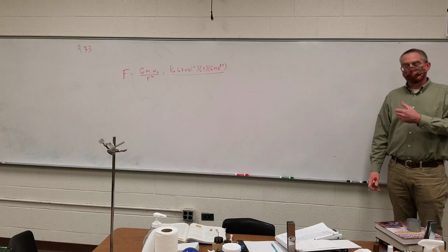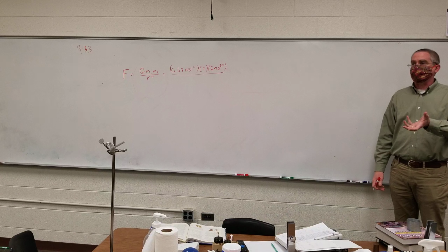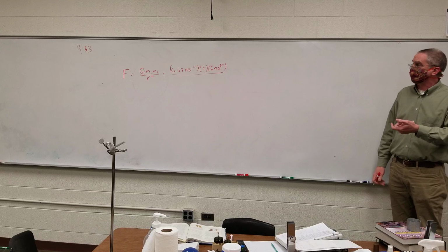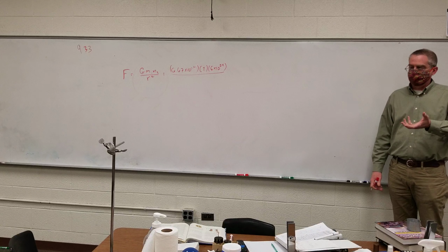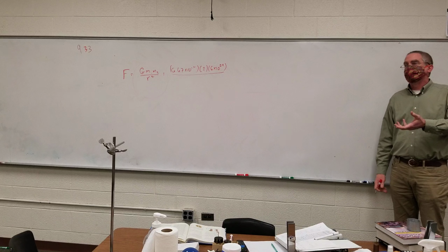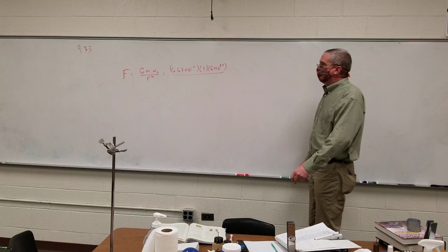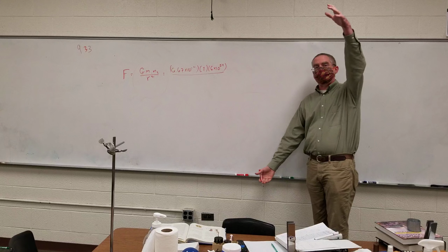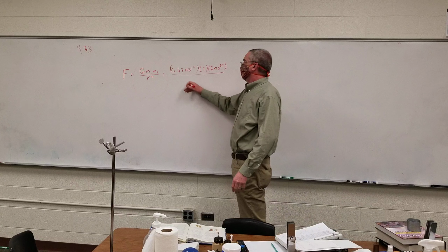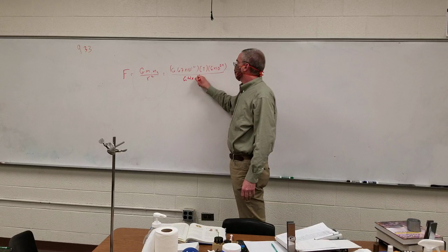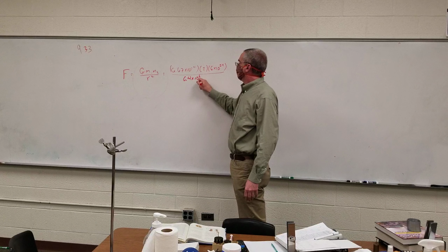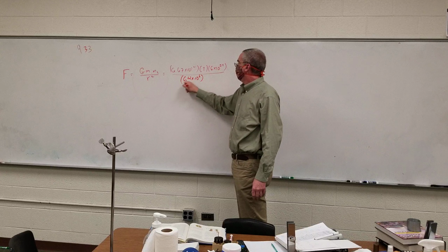Now you might consider, well, don't we have to take the size of the object into account because it's center to center? A 1 kilogram mass is really not going to take up a lot of space, especially compared to the size of the Earth. And so 6.4 times 10 to the 6th, squared.